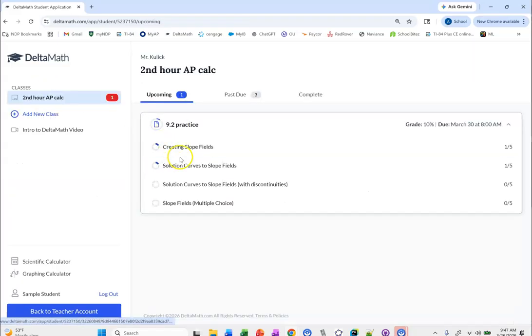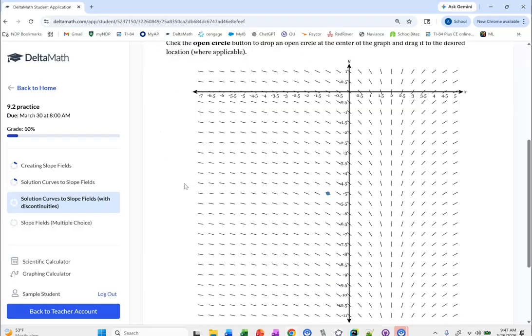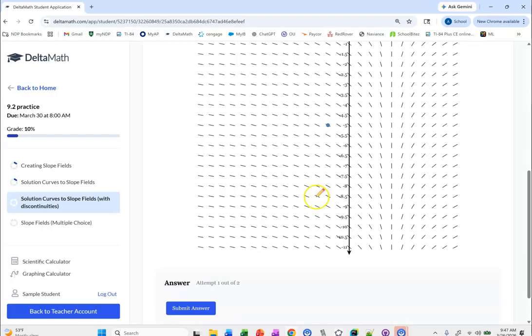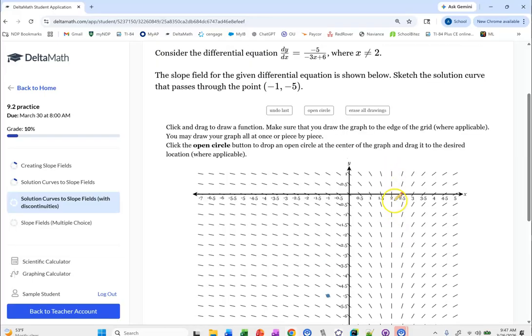Back to home. And then we can do this with a discontinuity in here. It's doing the exact same thing, and now we have some asymptotic behavior in here. If I look at this, it looks like there's a vertical asymptote here. Notice the straight vertical slopes, right? And it looks like as I move along the x-axis, we're leveling out to no slope, right?